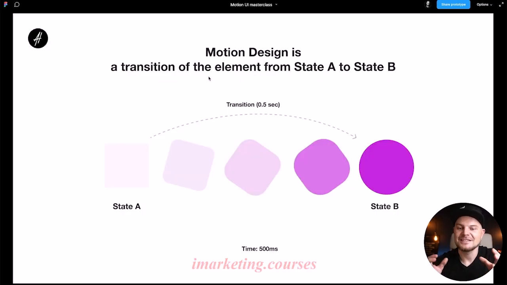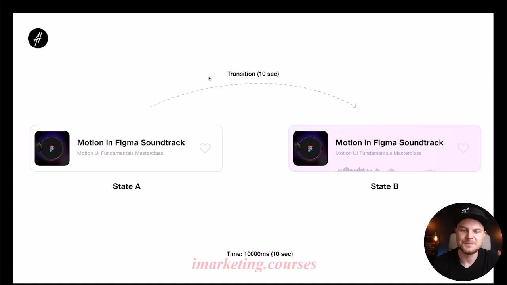When I click on the circle, it becomes bigger. I click again, it becomes bigger. State A and state B. This is exactly what motion design is. As simple as that. You don't need to overcomplicate things. Understand that motion design is simple and you can do that. Yes, you can do this with all the elements that you have on your website or mobile app.